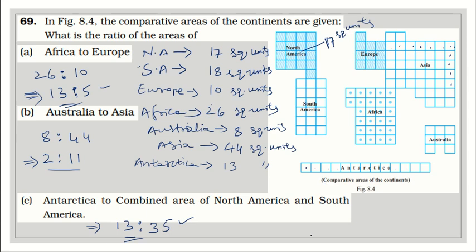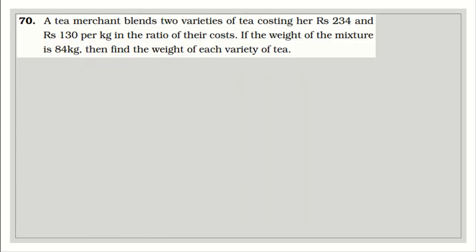So children, moving on to the last question, 70th. A tea merchant blends two varieties of tea, costing her 234 rupees and 130 rupees per kg, in the ratio of their costs only. If the weight of the mixture is 84 kg, then find the weight of each variety.